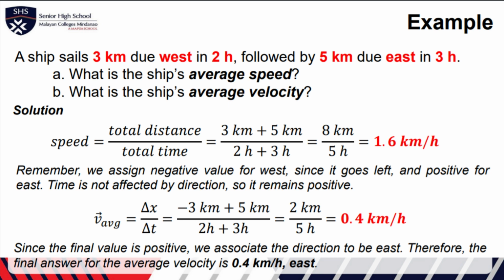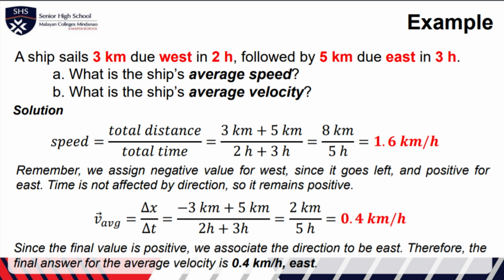So we have here, as presented earlier, the equation: average velocity is equal to displacement over change in time. So if you sum it up, we could put there negative 3 kilometers since it is due west and positive 5 kilometers since it is due east, over what are the time? Well, you're correct. That's 2 hours plus 3 hours.